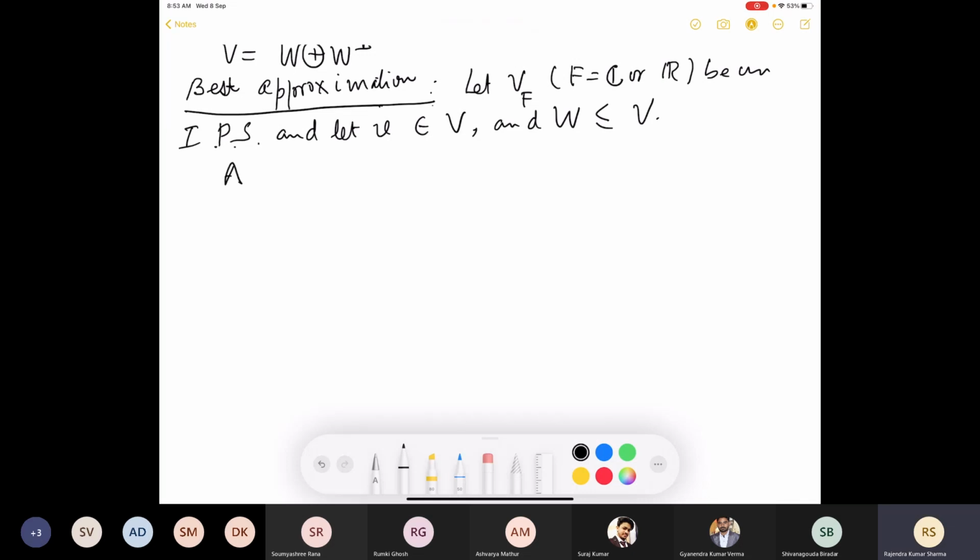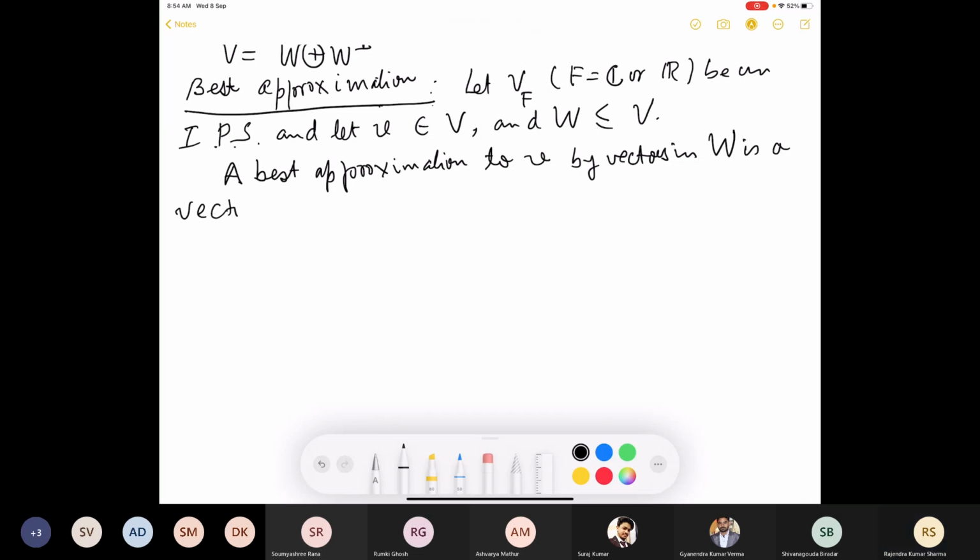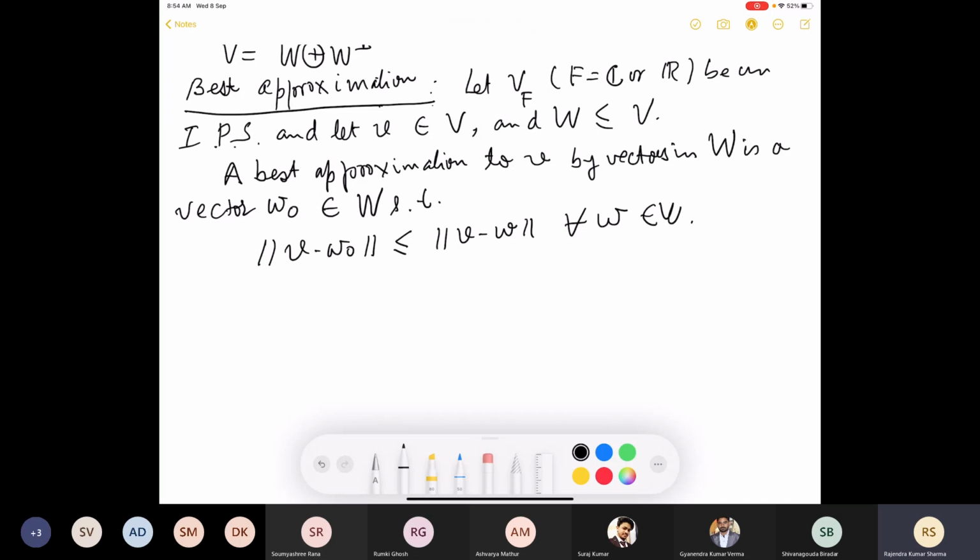Now we define that a best approximation to v by vectors in W is a vector w naught in W such that the norm of v minus w naught is less than or equal to the norm of v minus w for every w in W. So norm is also called length.